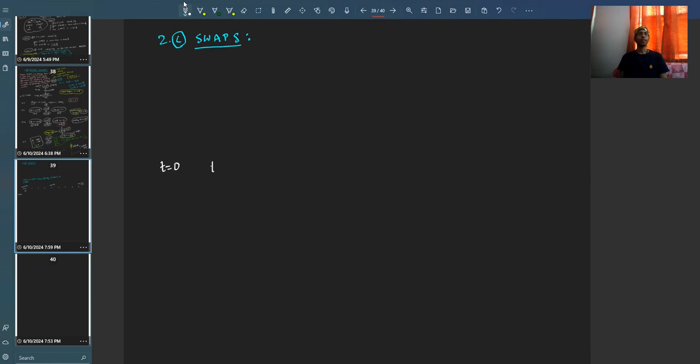T equal to 1, 2, 3, 4. This is the end of the first year. Then there is 5, 6, 7, 8, and there is the end of the second year. Your loan completes at the end of the second year. That is when t equal to 8.